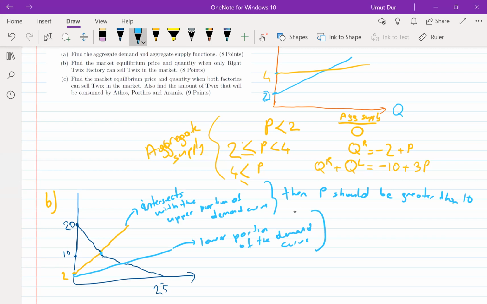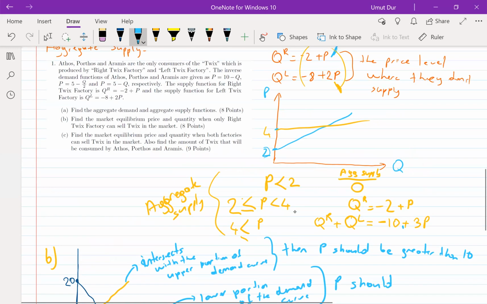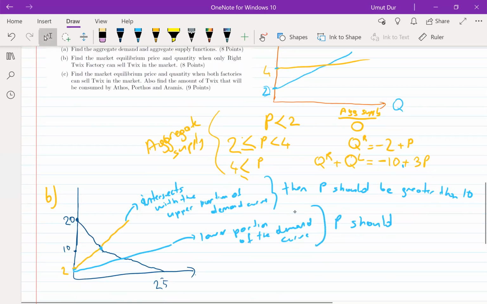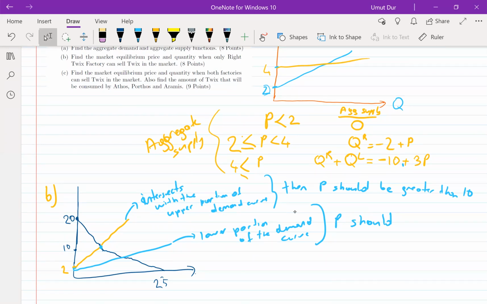If it intersects with the lower portion, the equilibrium P, let's say P star, should be less than 10. And we will just verify it, okay?